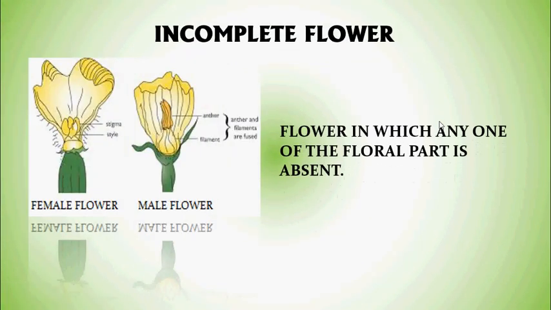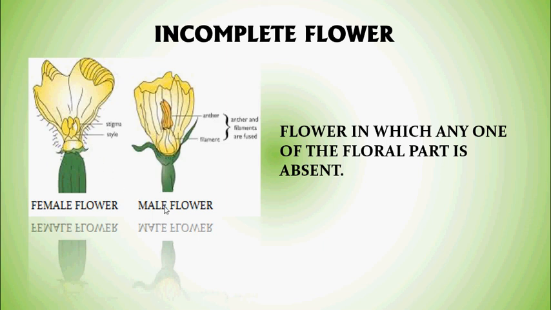Incomplete flower. A flower in which any one of the floral parts is absent is called an incomplete flower. See in this photograph, two flowers are given, female flower and male flower. In the female flower, the male reproductive part androecium is absent.